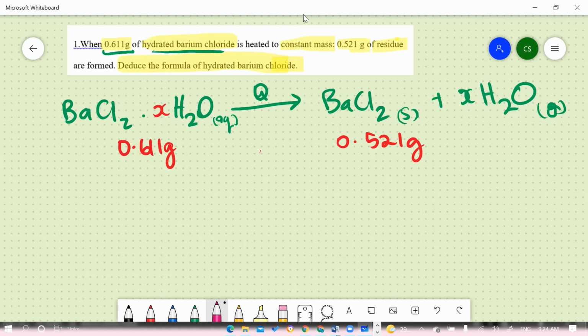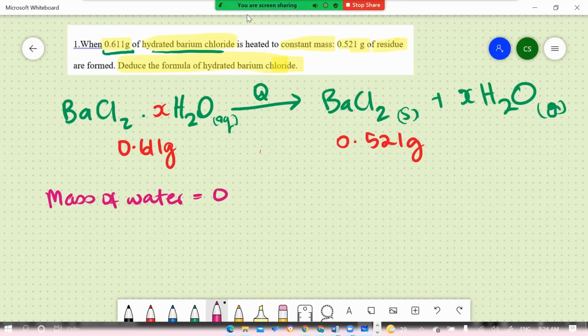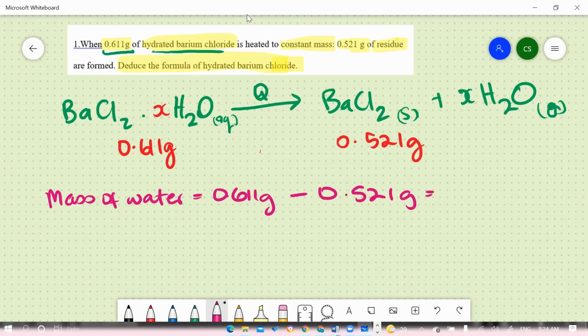Tell me what you get. 0.611 minus 0.521 is equal to 0.09. All right, very good. So we know that the mass of water lost was 0.09 grams, right?